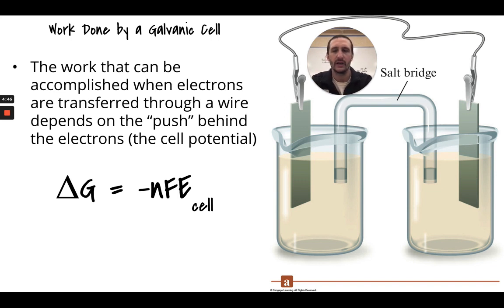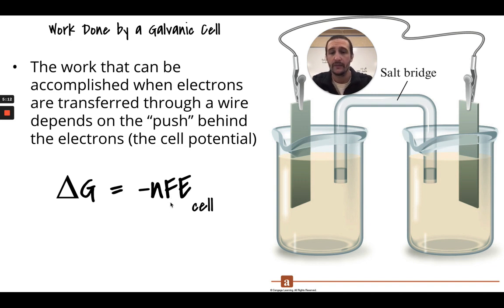And remember, a spontaneous process always has a negative sign for Gibbs free energy. So if you think about this, if you have a positive cell potential, then you're going to have a negative Gibbs free energy. The other terms in this, n is the number of electrons, and that's the coefficient from the balanced equation, how many electrons are transferred.